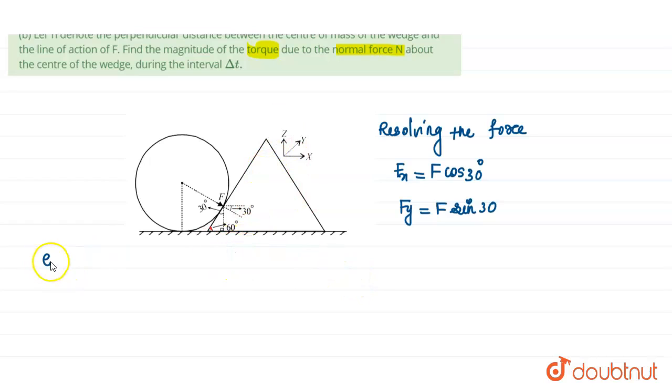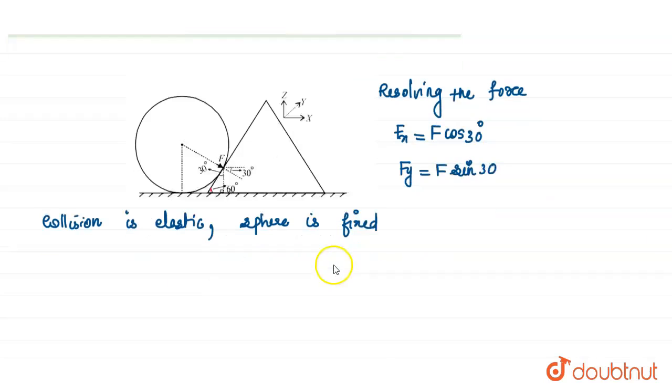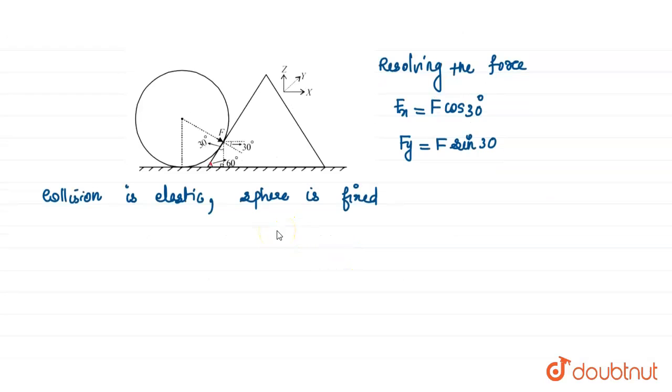Since the collision is elastic, and since the sphere is fixed, the wedge will return back with the same velocity.